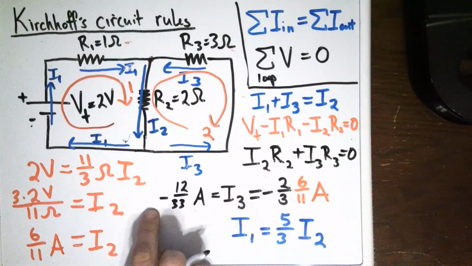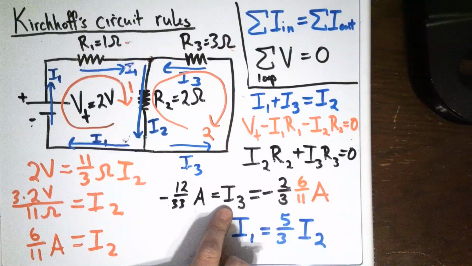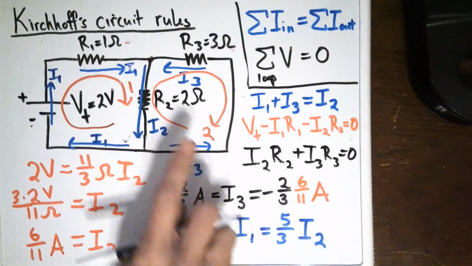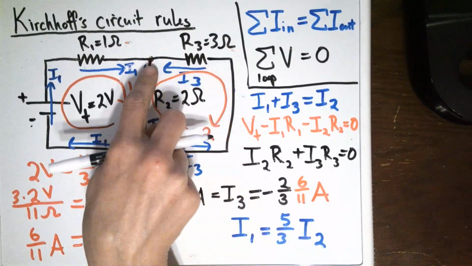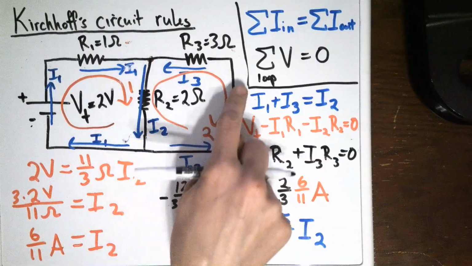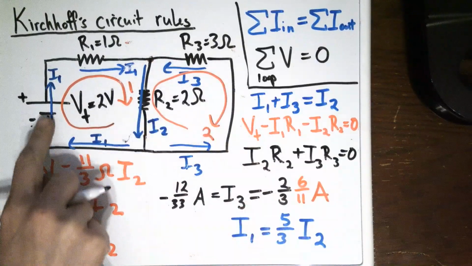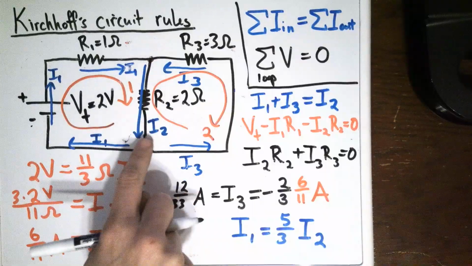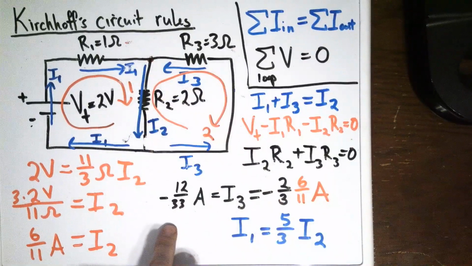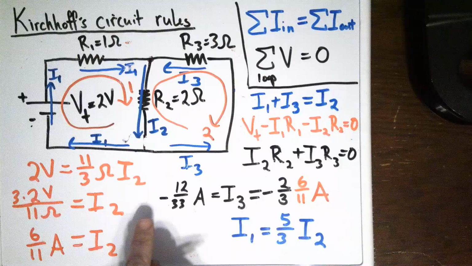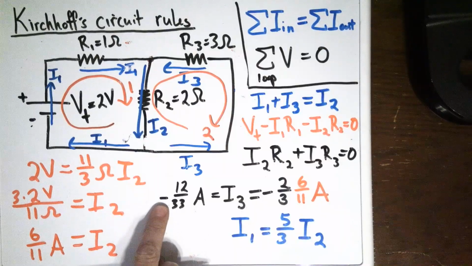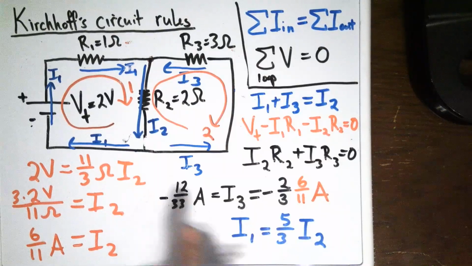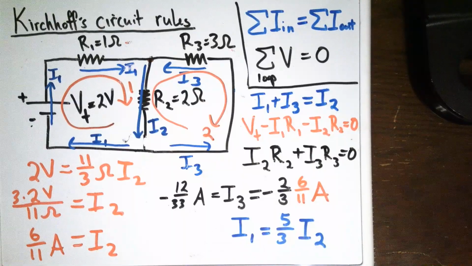So I3 is negative 12/33 amps, and the negative means I guessed wrong on the direction of the current. Instead of the current traveling towards this junction, it's actually traveling away. So the current comes up through the battery and then it goes down or out that way. So current 3 guessed wrong, but it just came out as a negative here to let me know I did that.